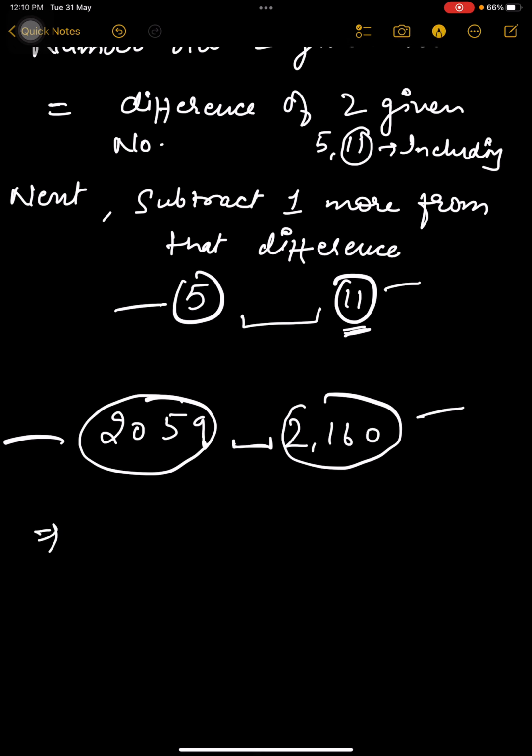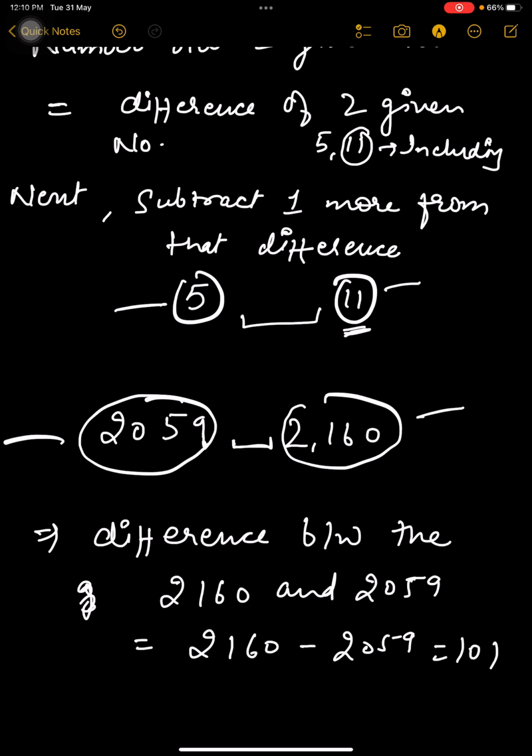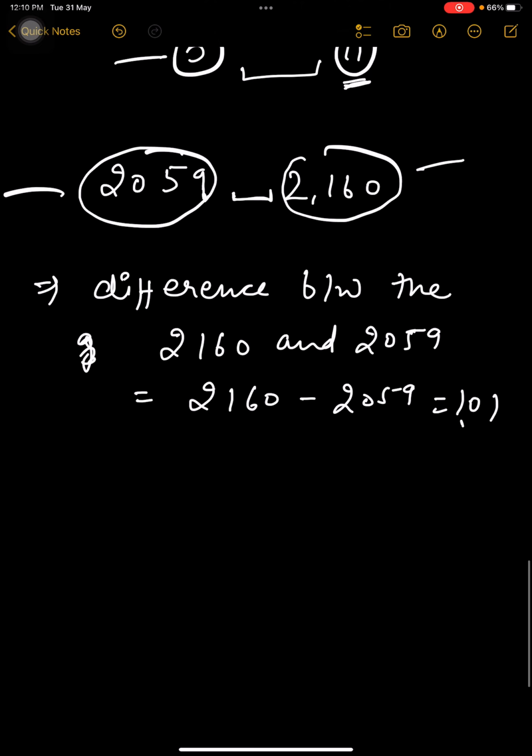So just take the difference. First step is to take the difference between the given two numbers, 2160 and 2059, which is 2160 minus 2059, which is 101. Now in these 101 numbers, I have included this number also, but I don't want this number.